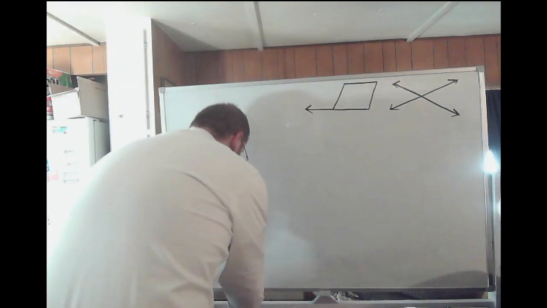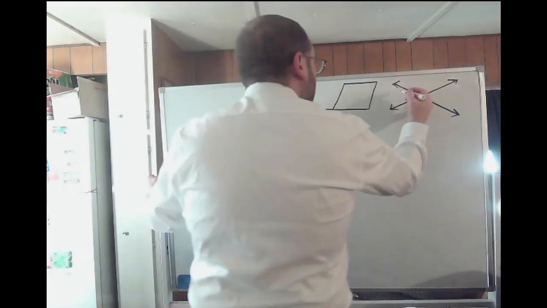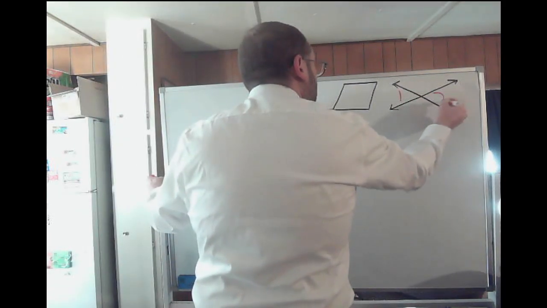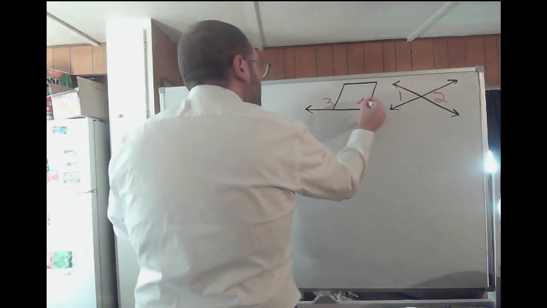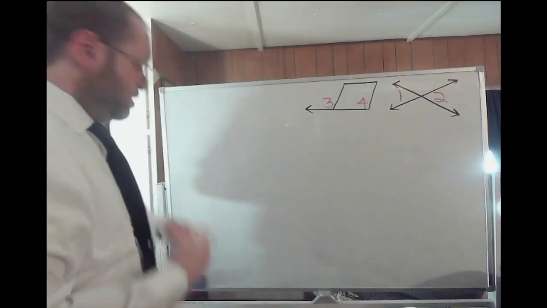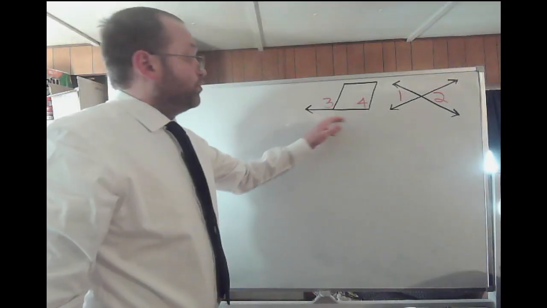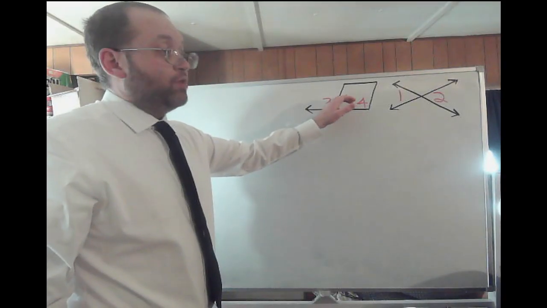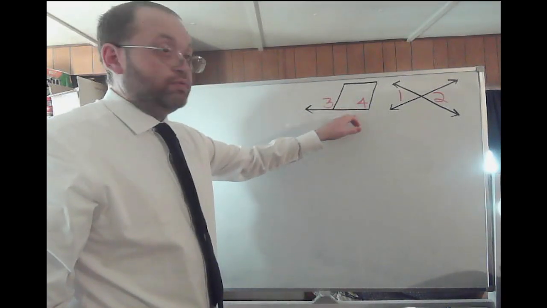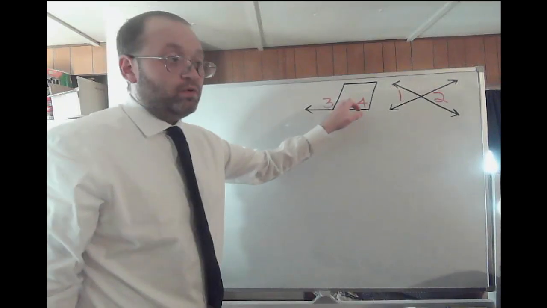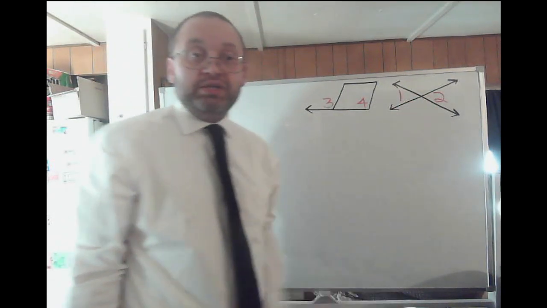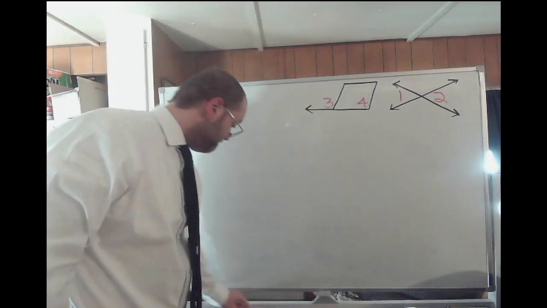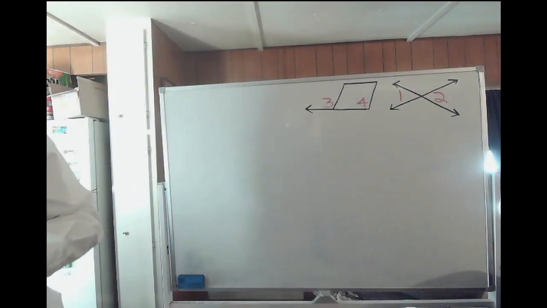Okay, so here we have a ray with what looks like a rhombus or a parallelogram with angles 3 and 4. Next to it we have two lines that intersect with angles 1 and 2. Okay, let's see where this is going.